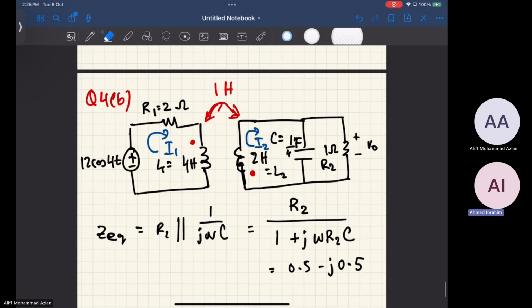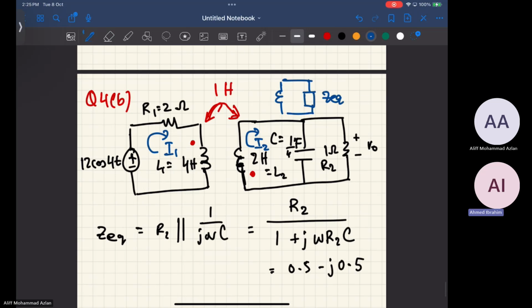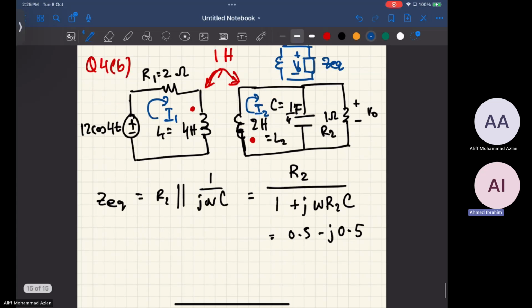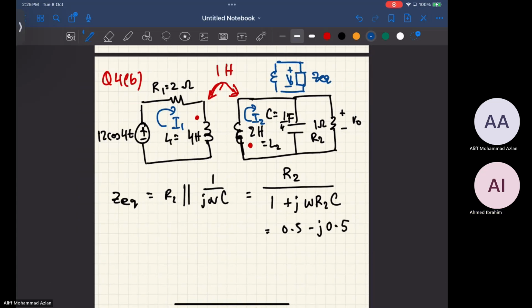I'll just redraw what this became. So this is now the inductor with Z equivalent. And V out is just the voltage across that parallel load.